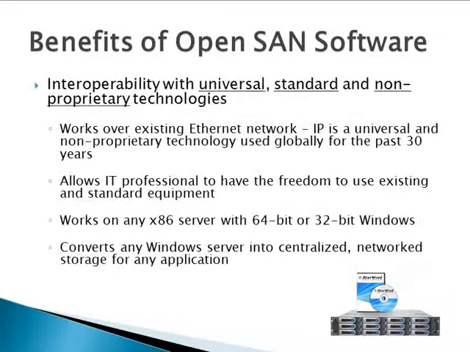So some benefits to working in an open SAN software environment like the StarWind iSCSI target. It's compatible with pretty much everything. One of the great things about it is it's universal. It's using standard non-proprietary technologies. This is standard iSCSI Ethernet.